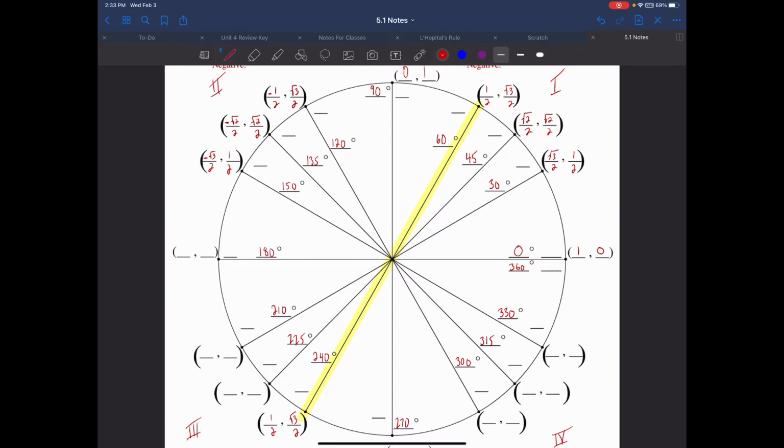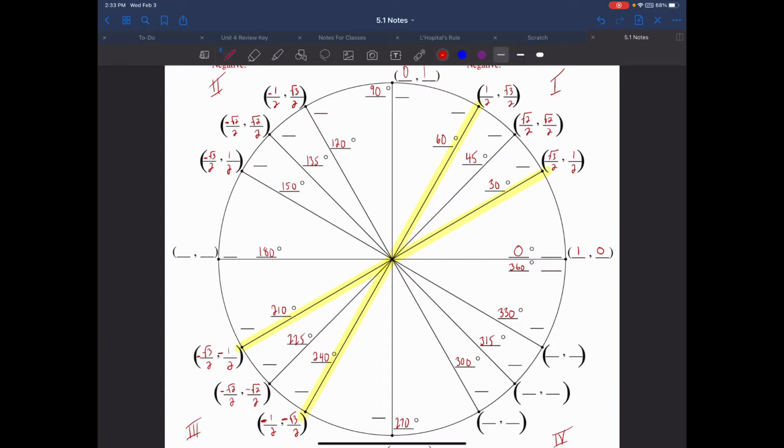So these are both negative. The only thing that changes ever is the sign. At 225, we just have negative root 2 over 2, negative root 2 over 2. At 210, we're going to have root 3 over 2, 1/2, and they're both negative. Again, that's just because I'm taking these lines and just following them through. I can copy those coordinates for all of those.